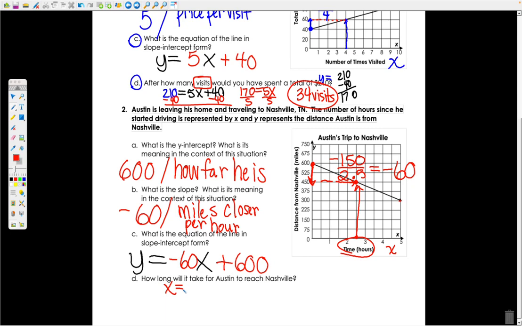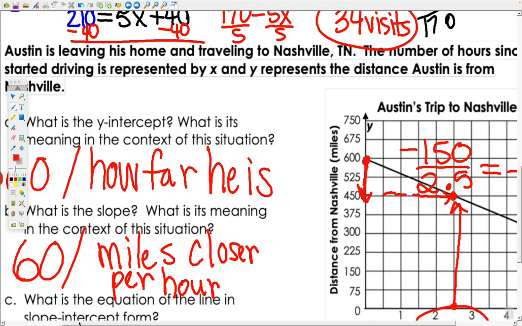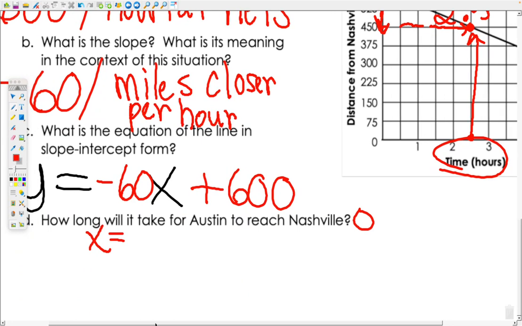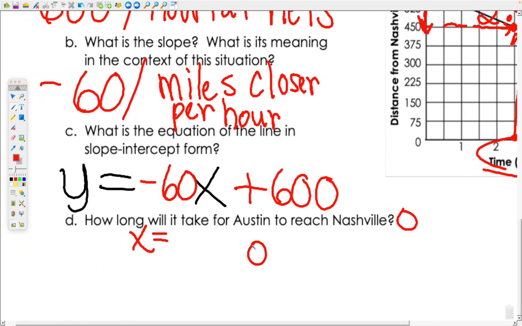What is the y value once he gets to Nashville? 0. So he's at 0 miles. If I put this in the equation, which I told you is not necessary because you can do it mentally, you are going to say that 0 equals negative 60x plus 600.